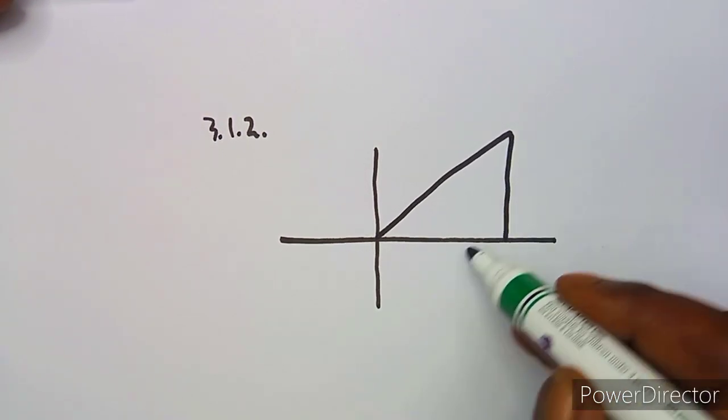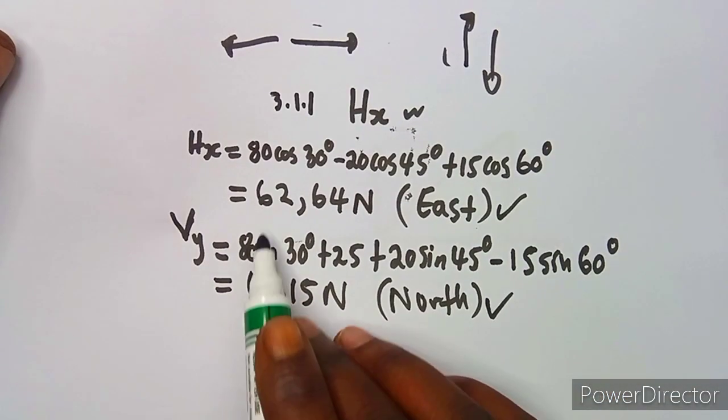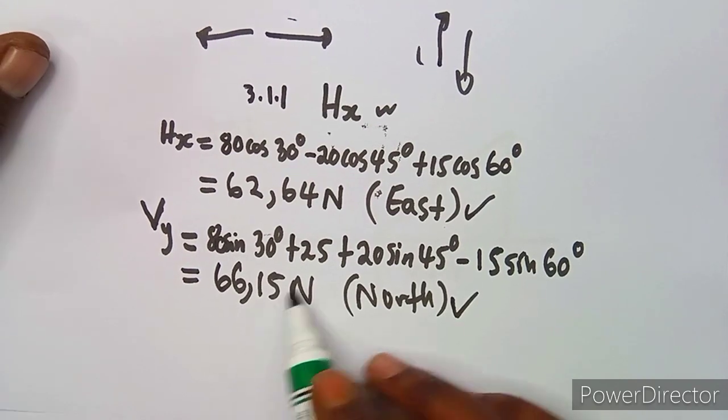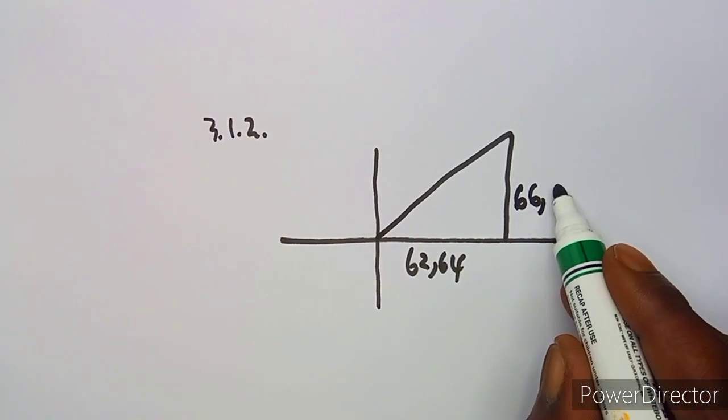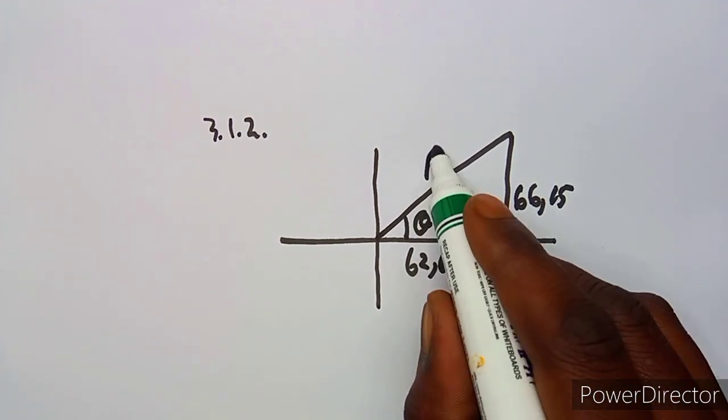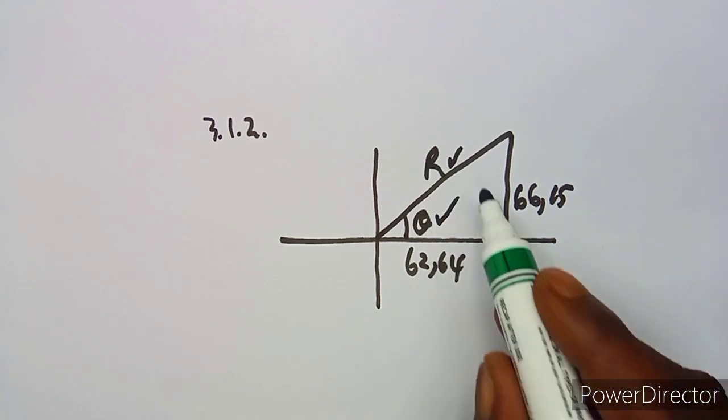Because the vertical is positive and the horizontal is positive, this is your horizontal, 62,64, and the vertical, which is to the north facing upwards, is 66,15, like this. So this is the angle, this is the resultant, and this is the direction.